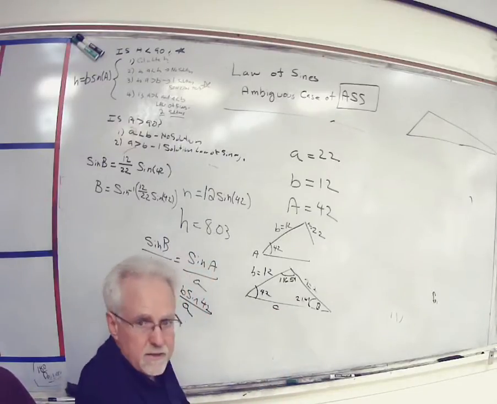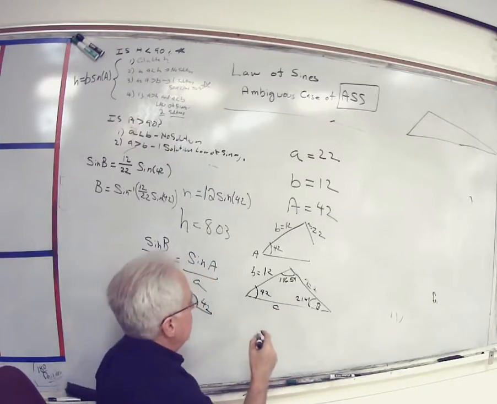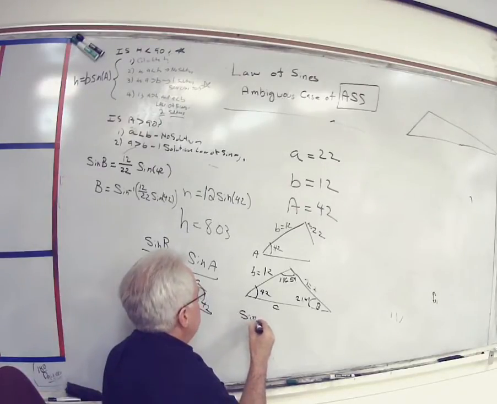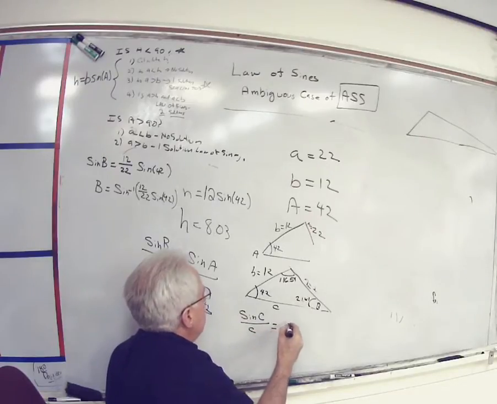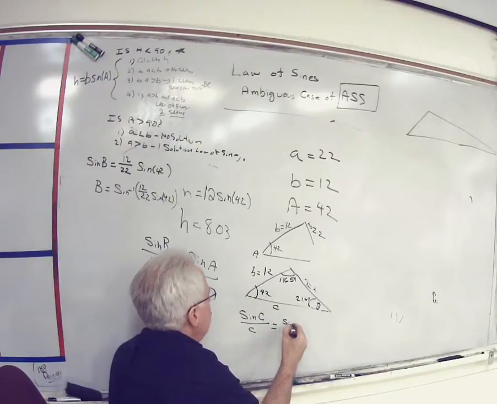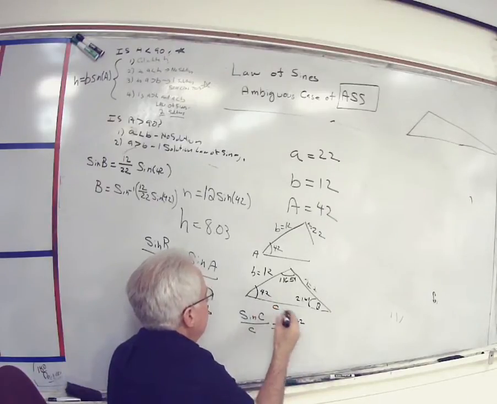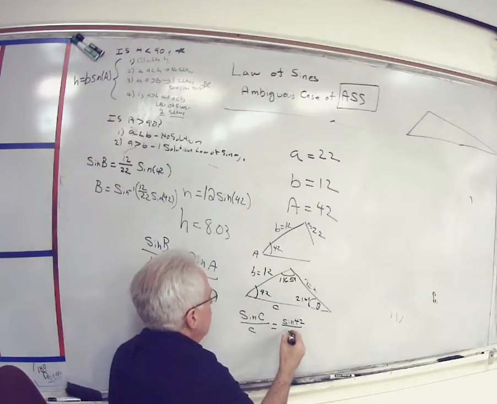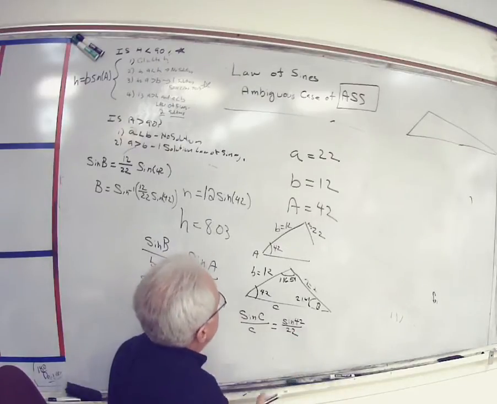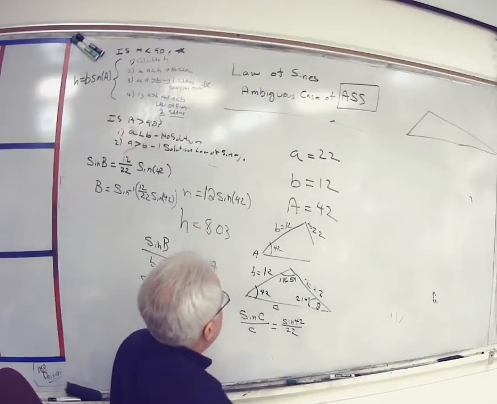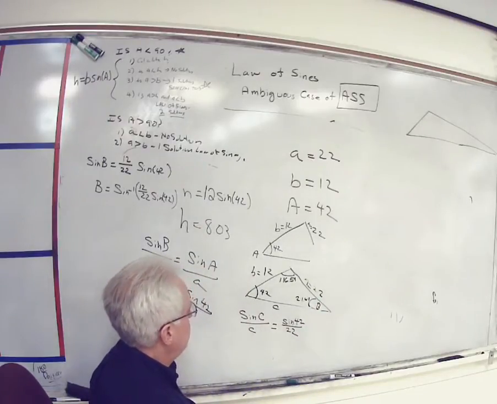Little c. I need this leg. Well, what do I know? Sine of big C over c is equal to sine of 42 over 22, right? So a is equal to 22 over there. Does that make sense?